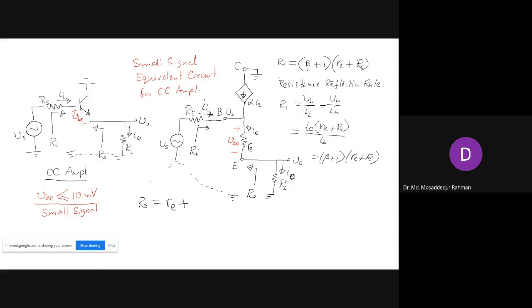So we have just RS, and we are looking from the emitter side. According to the resistance reflection rule, RS when reflected into the emitter gets divided by beta plus 1. So the output resistance is RE plus RS divided by beta plus 1.